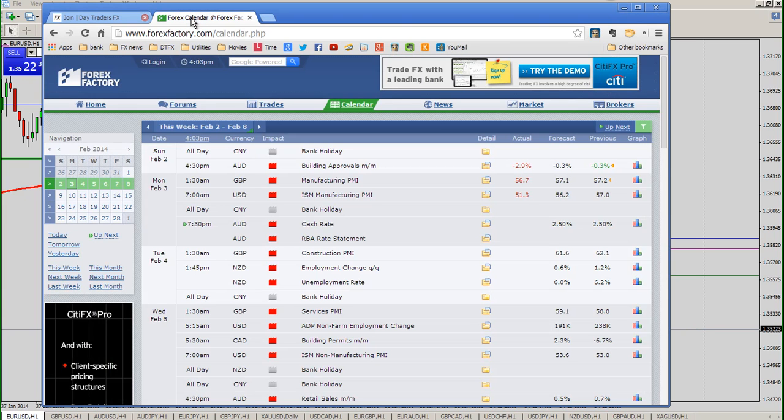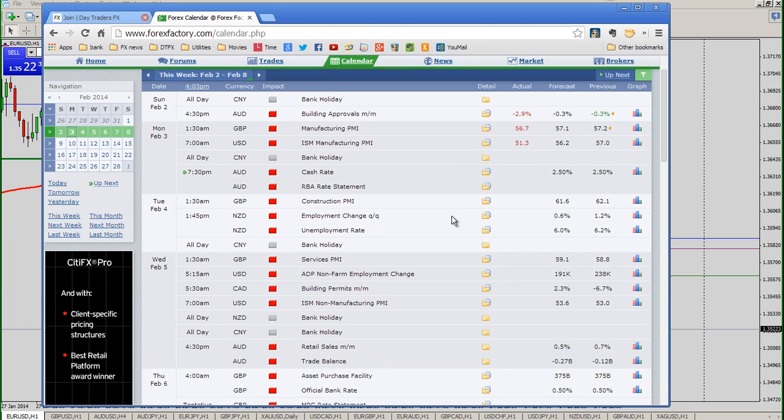Okay, let's have a little look at what we have as far as news goes this week. We have quite a bit of news, starting with today. In Australia, we'll have the interest rate announcement, and that's going to be in about 3.5 hours, give or take. So there's a little while to go, but that's a pretty big deal for Australia. So we'll be keeping an eye on that.